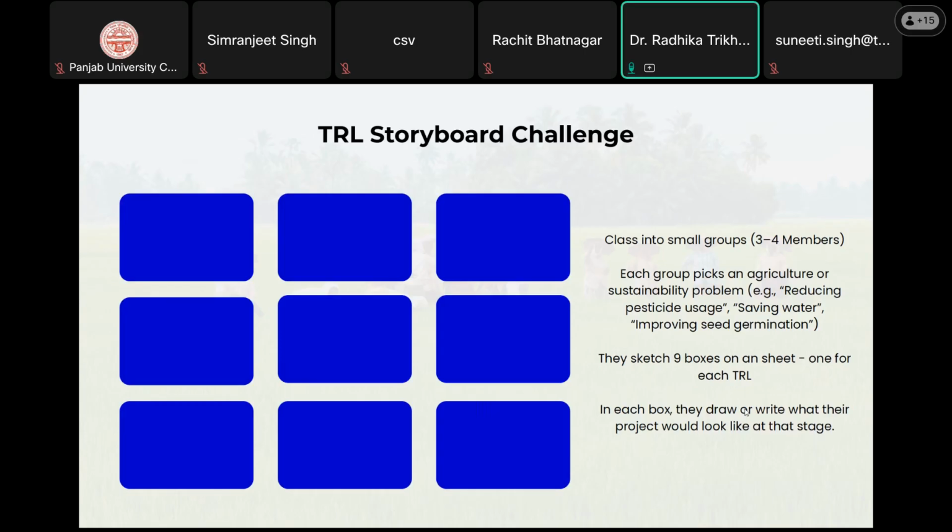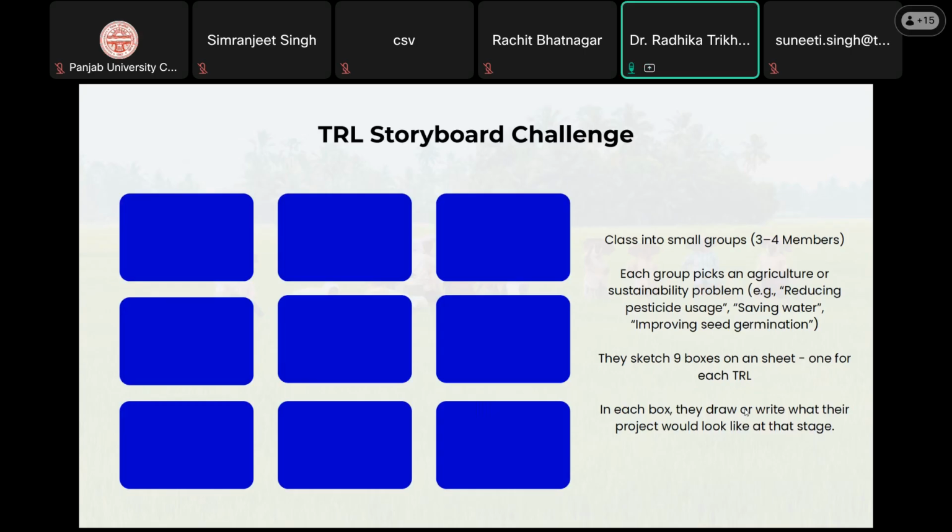Now we make our device and we started data validation in a lab. It is our TRL 3. And we are now working again and again with the same results coming with each and every experiment. So it is a TRL 4.